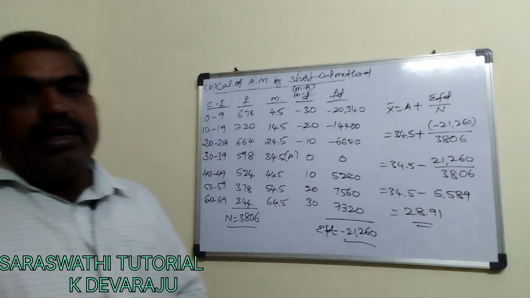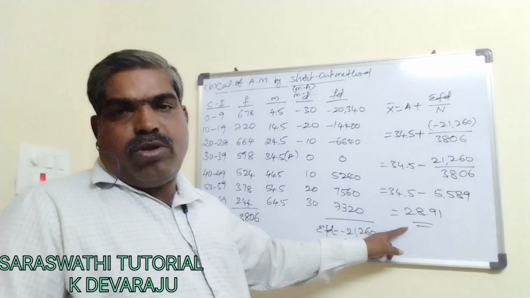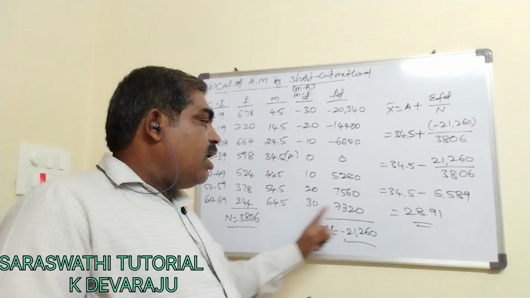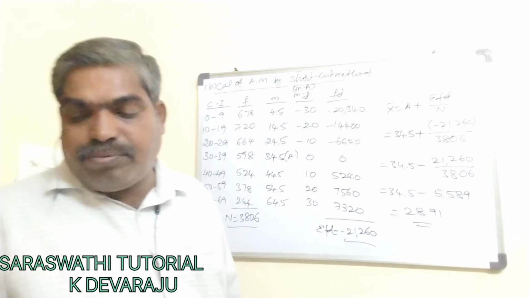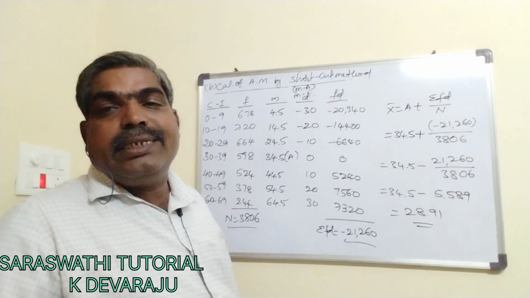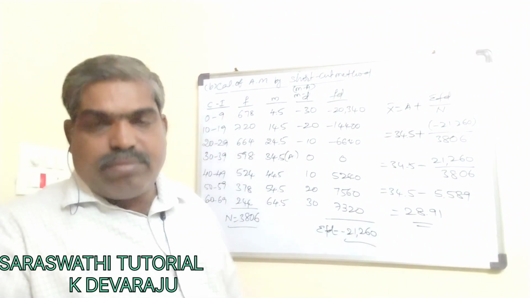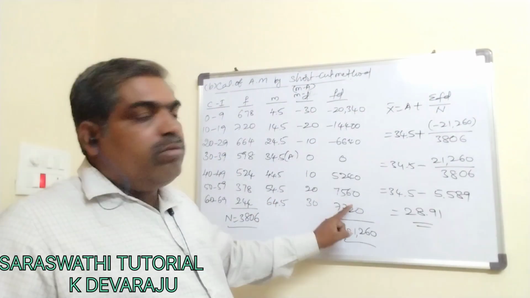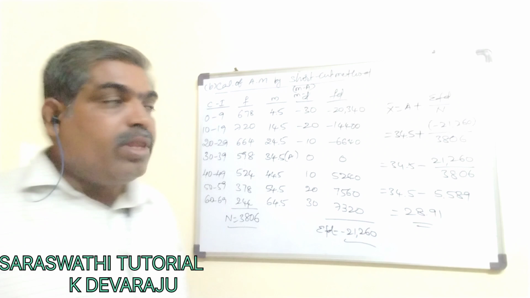In the shortcut and the direct method, we got the same answer. Not only that, we can apply one more method, the step deviation method. First was direct, now shortcut explained.